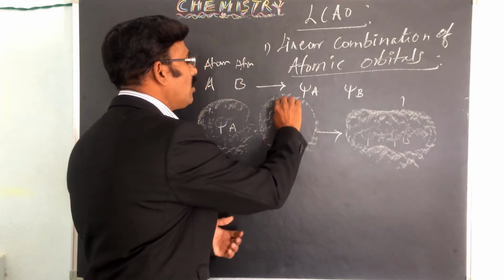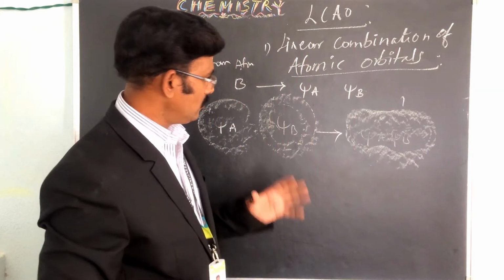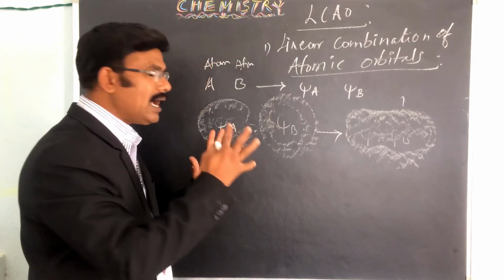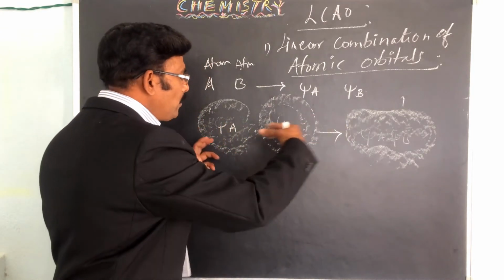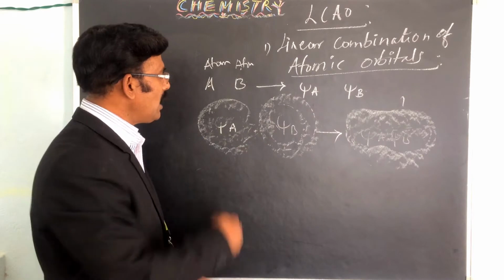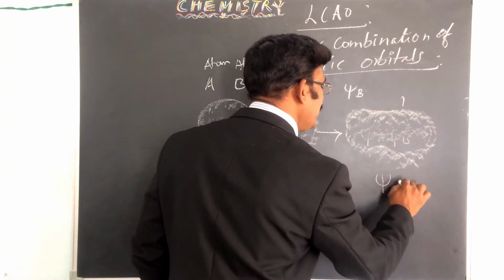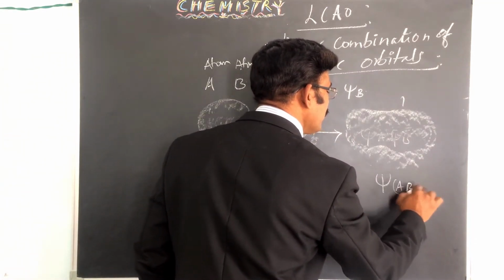This is the electron cloud. The psi A atom and psi B atom approach each other to form psi AB.